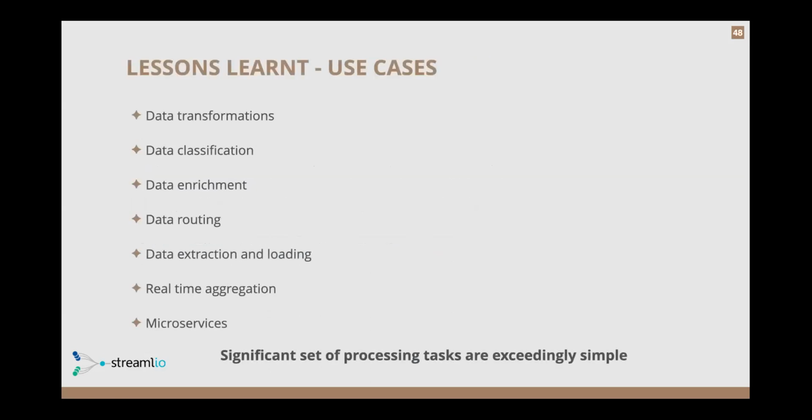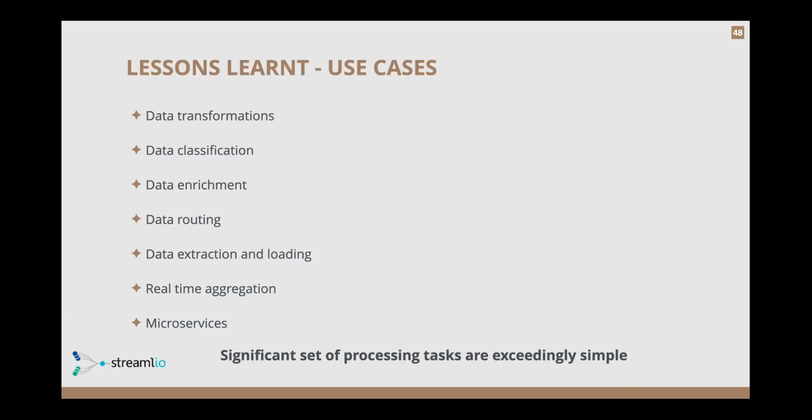But what we noticed, in my experience doing a lot of distributed real-time processing and event processing over my career in big data at Hortonworks and then at Streamlio and Splunk, is that the majority of the processing you need to do on this event data is very simple.